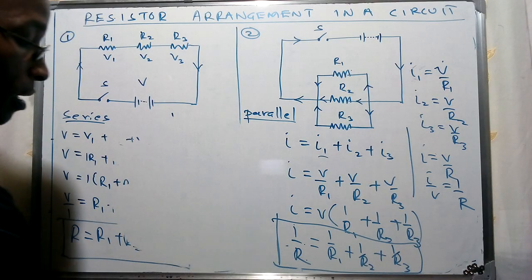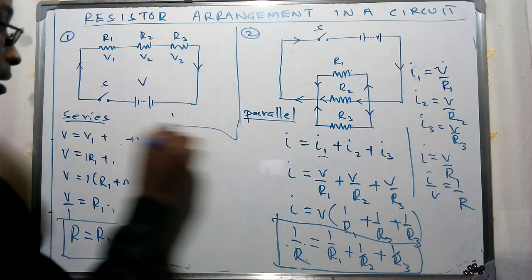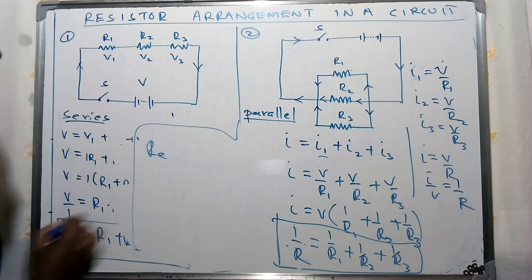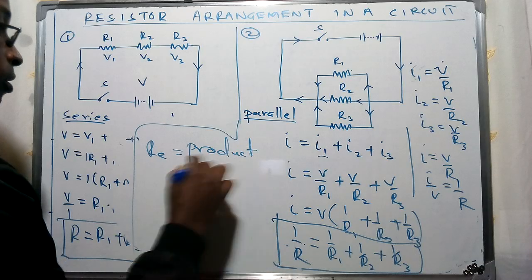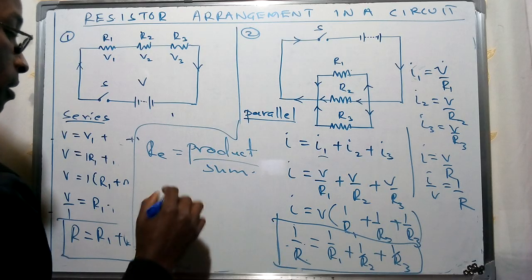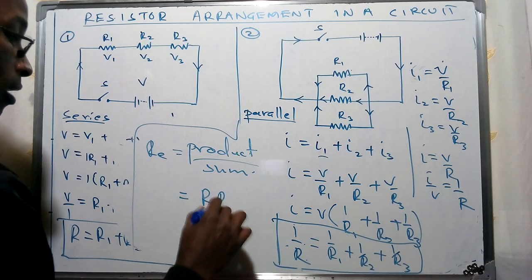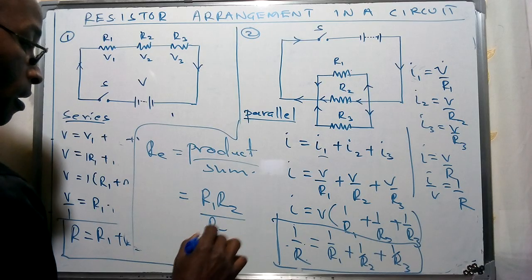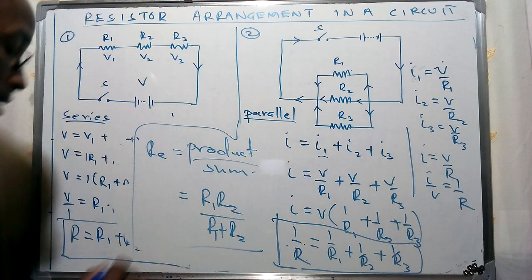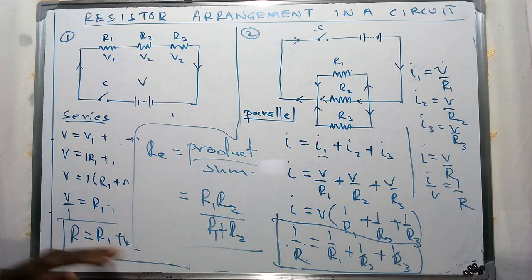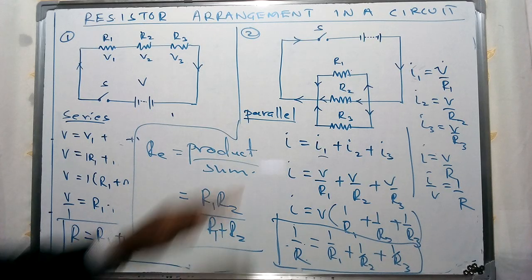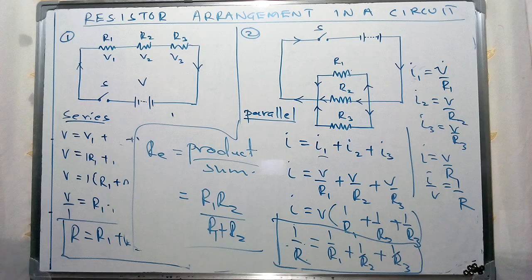This is an arrangement for the parallel arrangement, with two resistors R1 and R2. This can be found using the product of the two over the sum, indicating that it's R1 R2 over R1 plus R2. That's how we're going to use this formula in trying to find the arrangement of resistors either in series or parallel from various evaluations we're going to come across.